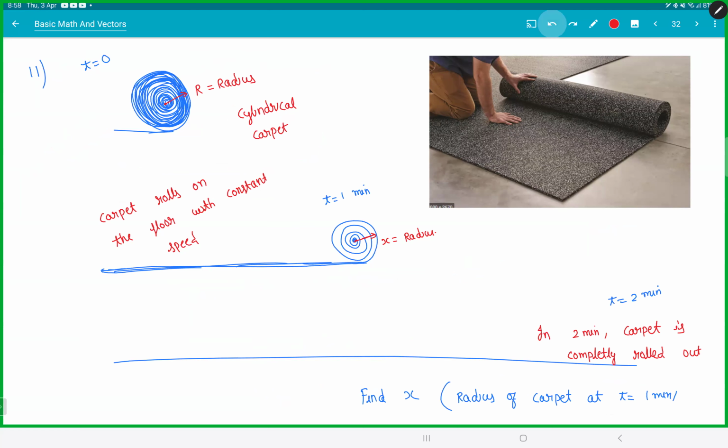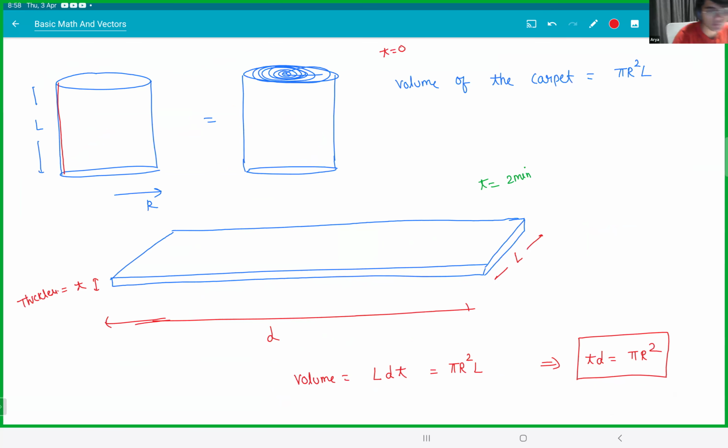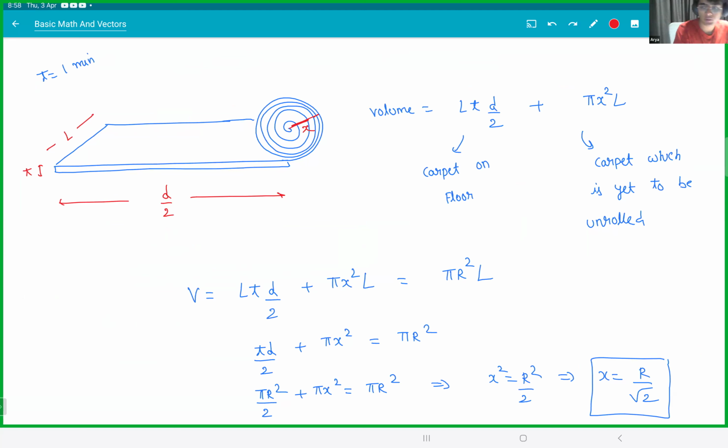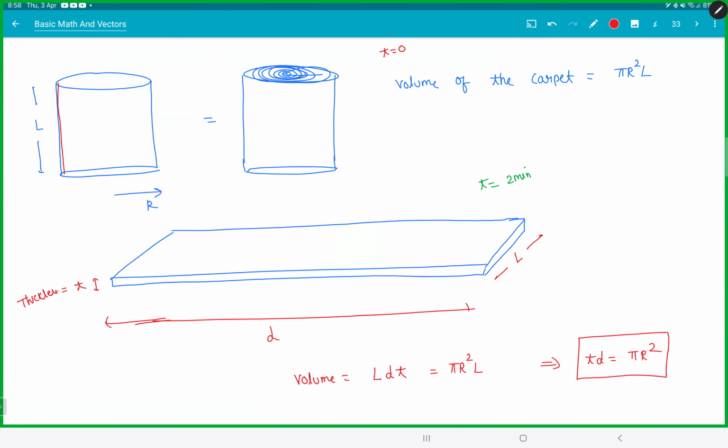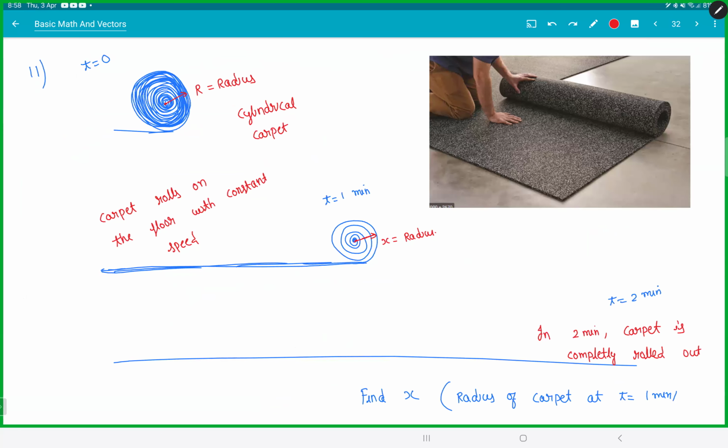Sir, you said that the speed was constant. But if the speed was constant, then would the carpet open exactly half at t equals 1 minute, due to the inner folds?